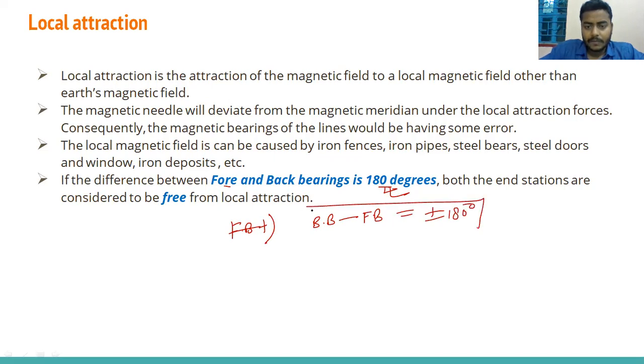If a station follows this condition, we can say these two stations are free from local attraction. Then we will proceed from that, assuming the bearing taken at this station is correct, and do the reduction according to this formula, right? So this is the first method.